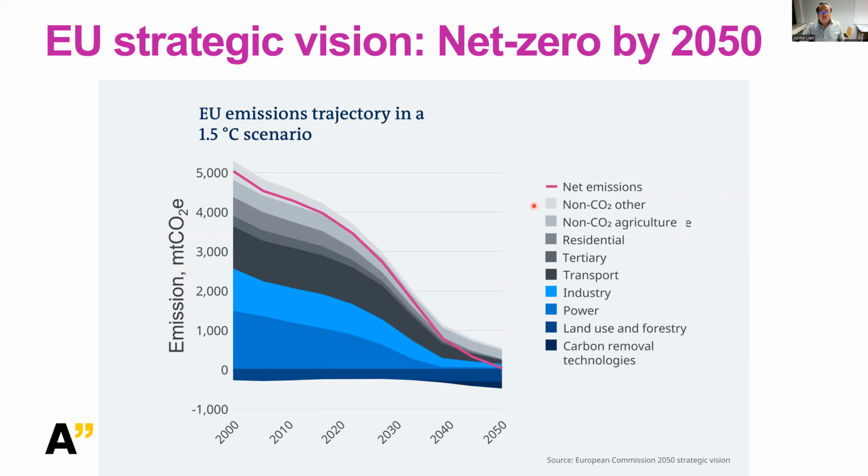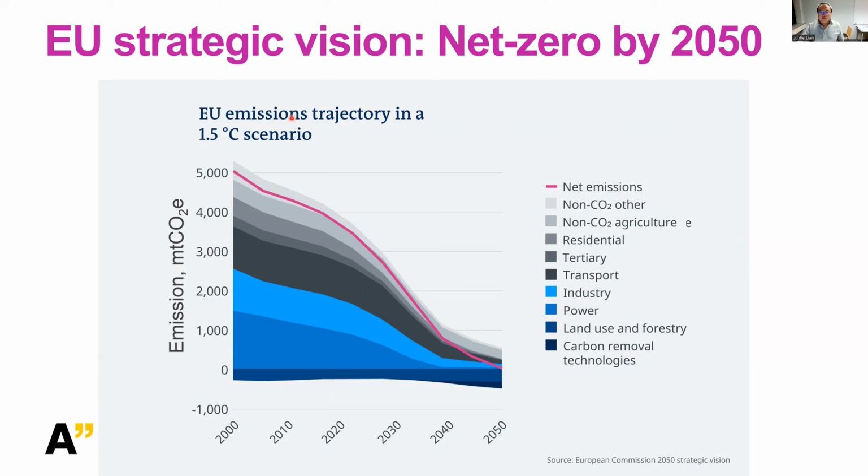This is about the EU strategy vision of net zero CO2 emission by 2050. I think most of you have heard of the 1.5 degrees C scenarios. If you don't know, I can explain shortly. This is a scenario that more than 200 nations agreed on during the Paris Agreement in 2015.